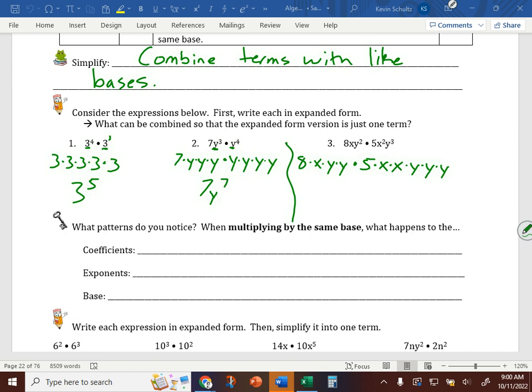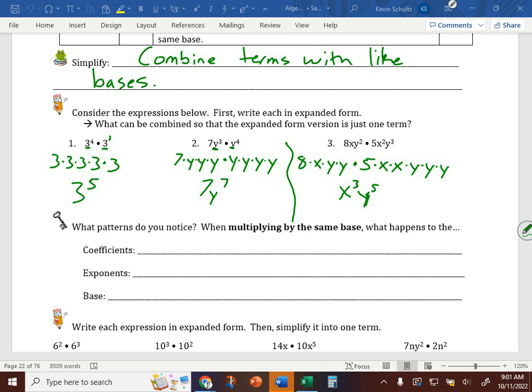So even though these x's aren't next to each other, that's okay. We still have 3 of them, x cubed. Even though those y's aren't next to each other, that's okay. We still have a total of 5 of them, y to the 5th. But then what's my coefficient out in front here?